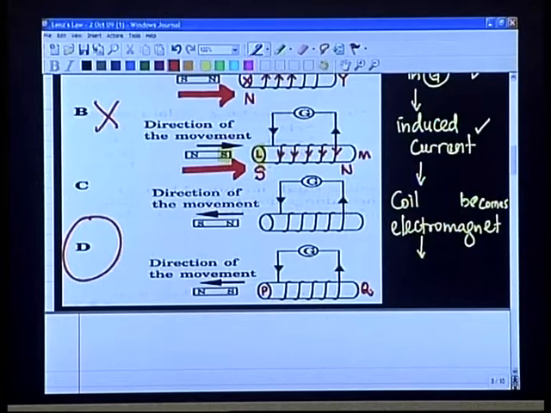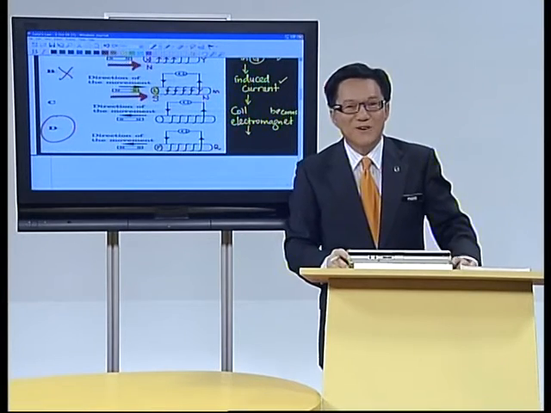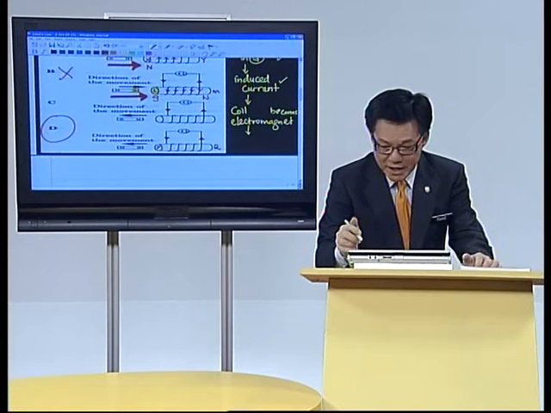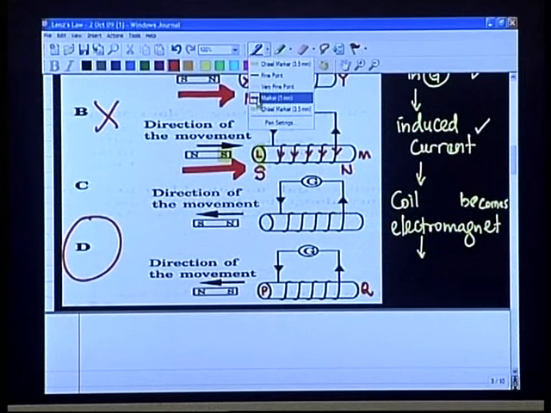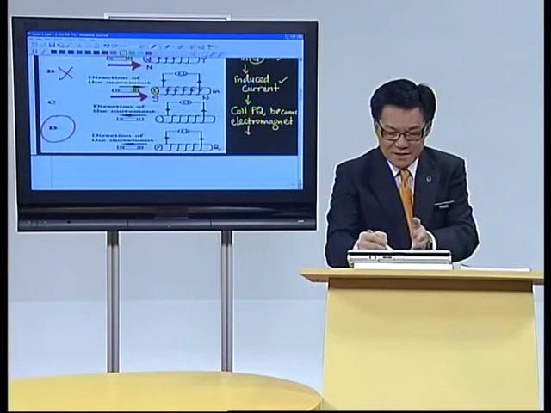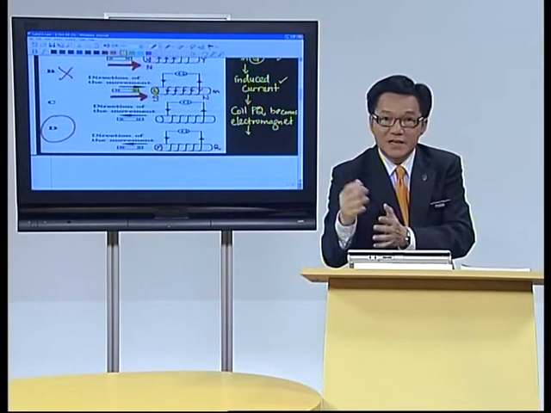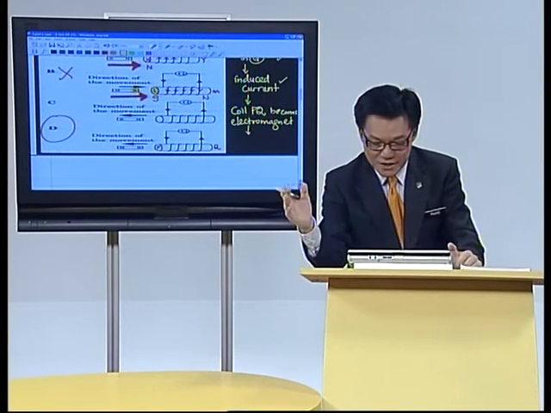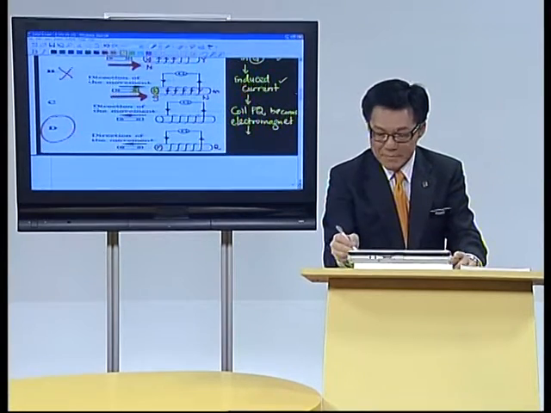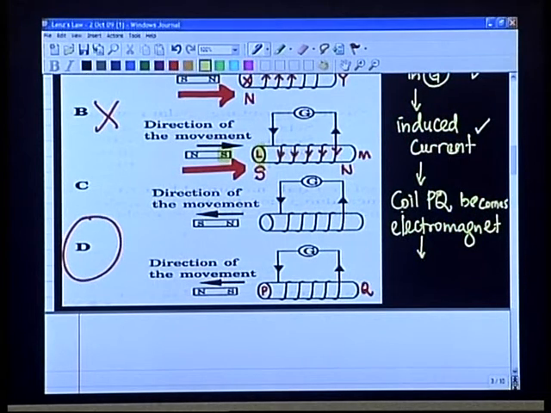I like the alphabet P, P for punk. So I have the coil PQ, I write down what has become of coil PQ. Because there is an induced current as shown in the deflection, we know that PQ actually has become an electromagnet. So coil PQ becomes electromagnet.